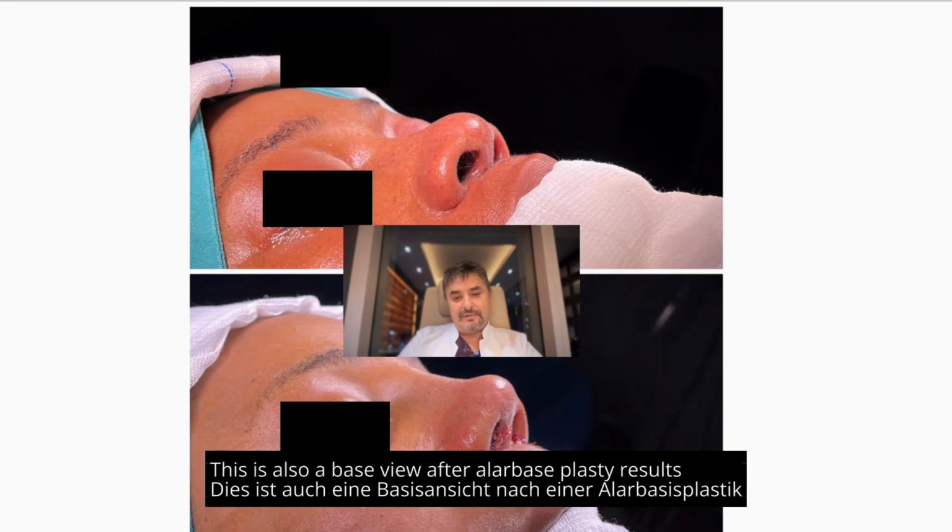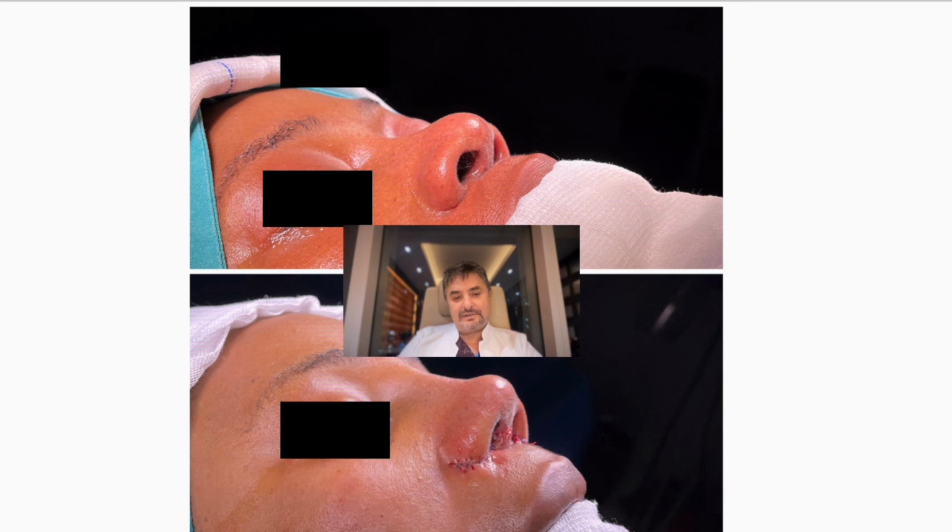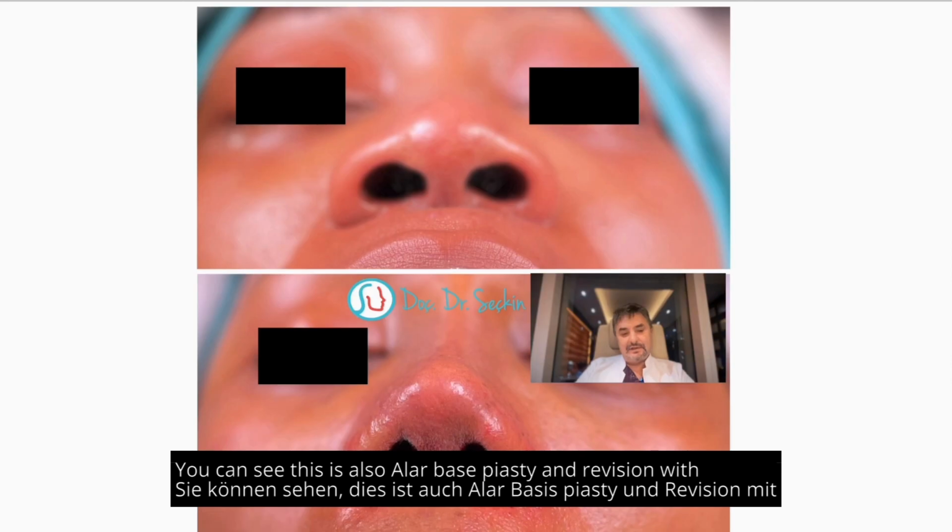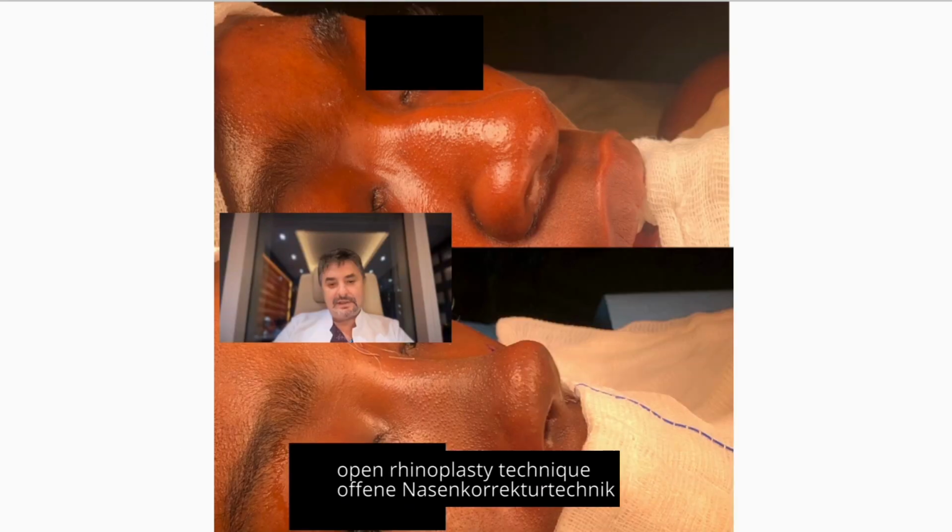This is also base view after alar-base plasty results. You can see this is also alar-base plasty and revision open rhinoplasty technique.